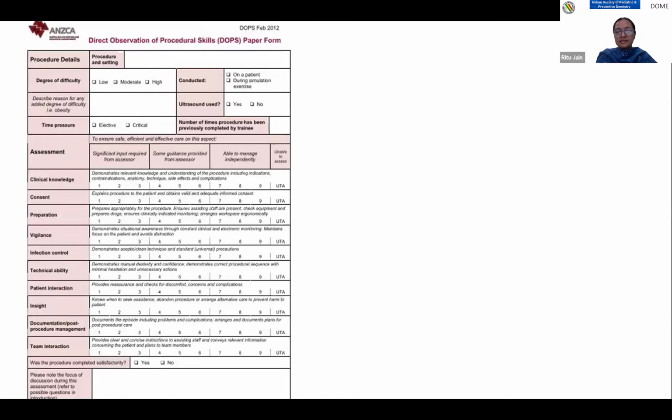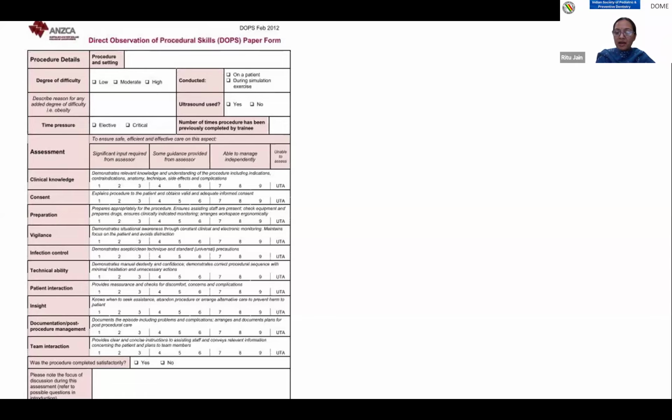This is another example of a generic DOPS checklist which can be used, where you can again see different columns and different rows indicating what all areas you are going to assess and what are the levels of performance. Sometimes it may not be possible to assess all the columns in one assessment.